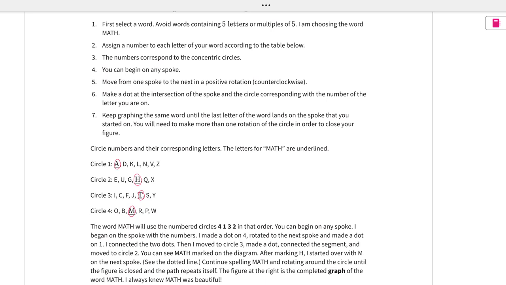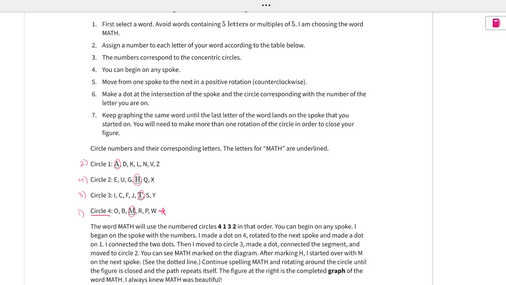The word math, we'll use the numbered circles 4, 1, 3, 2 in that order, right? So 4, because here's our math, the M. So 4 is our first one. A is 1, T is 3, and then H is the last one, so 2 is sort of our last one. So circles 4, 1, 3, 2 in that order.